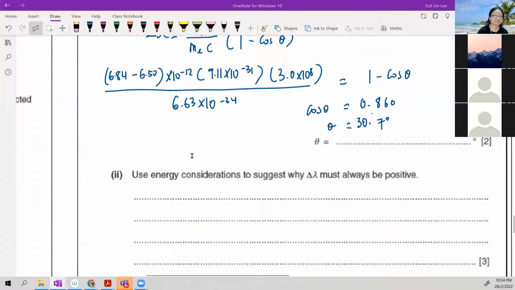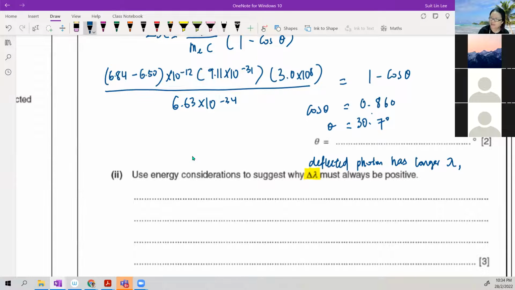Last part. Use energy considerations to suggest why delta lambda must always be positive. Delta lambda is always positive means after the interaction, the deflected photon has a longer wavelength.